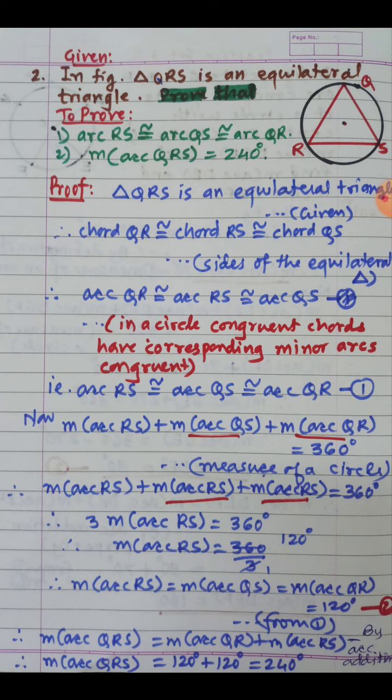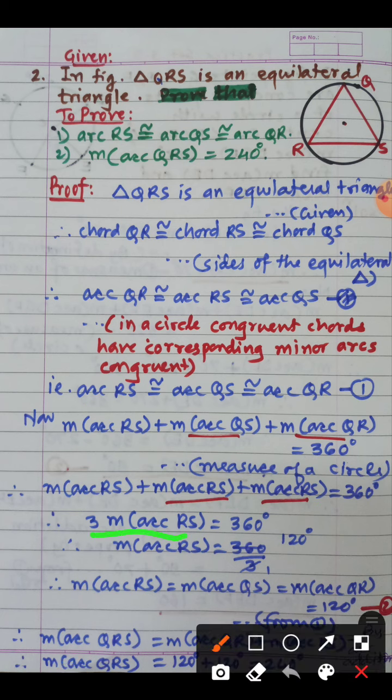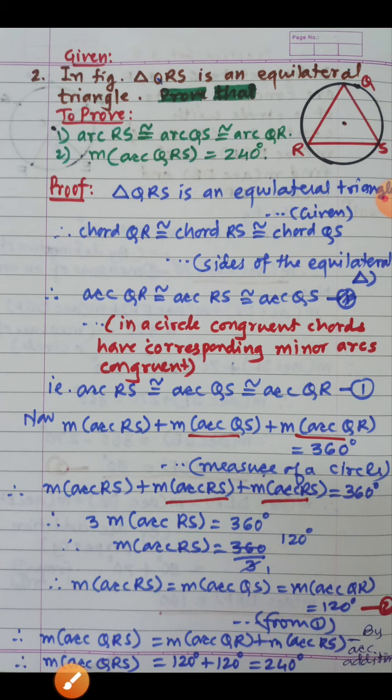So thrice the measurement of arc RS is equal to 360 degree. Dividing 3 to the other side, we get measurement of arc RS is equal to 120 degree, and therefore measures of all the three arcs is equal to 120 degree. Why is it so? From 1 all the arcs are congruent.